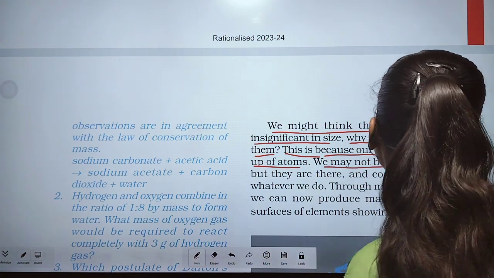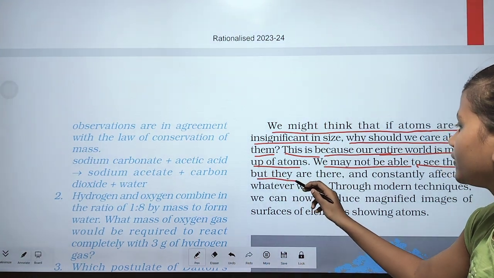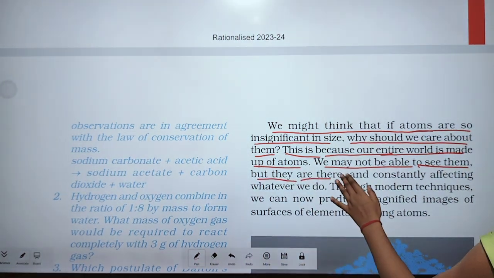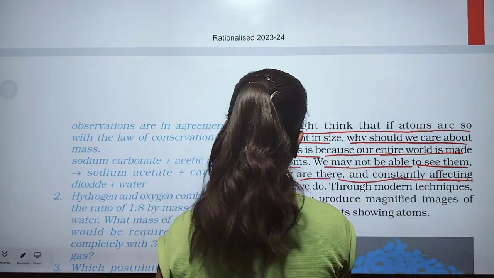We may not be able to see them, but they are there and constantly affecting whatever we do.